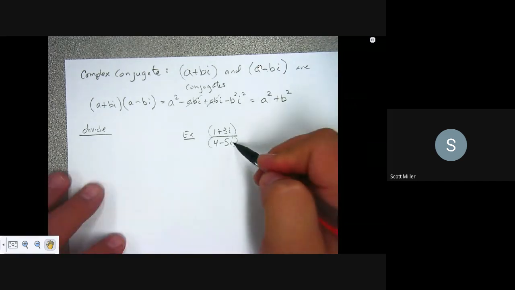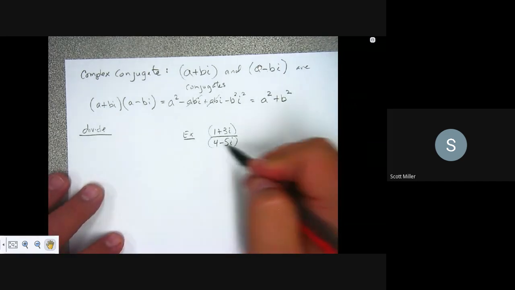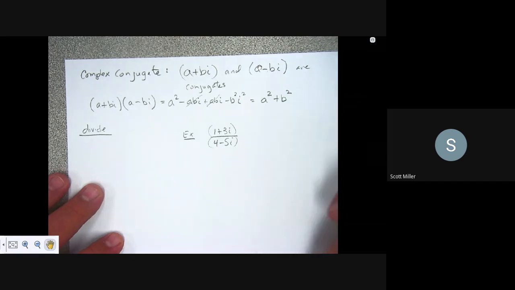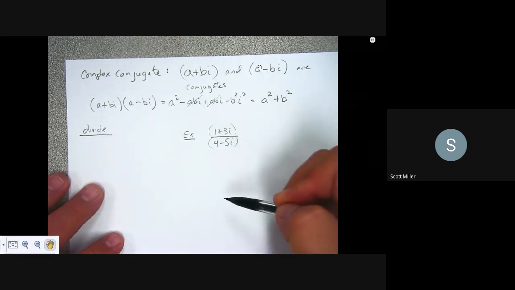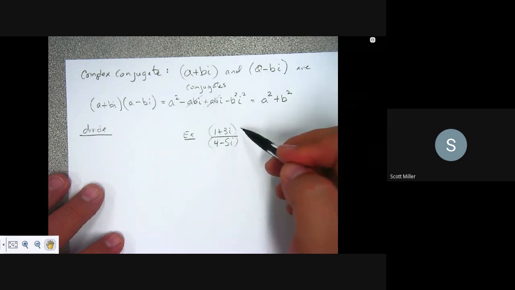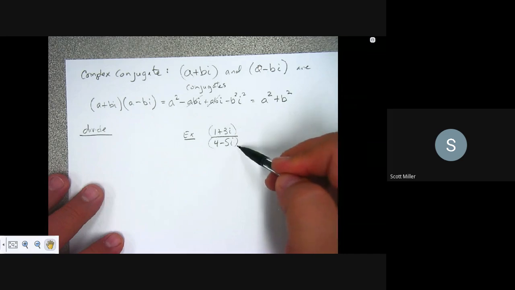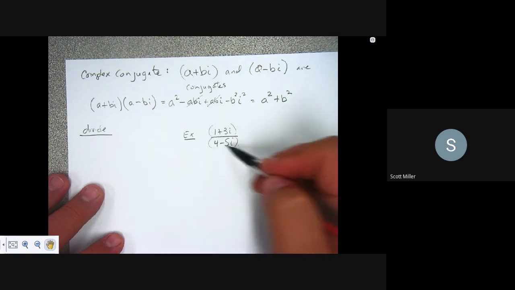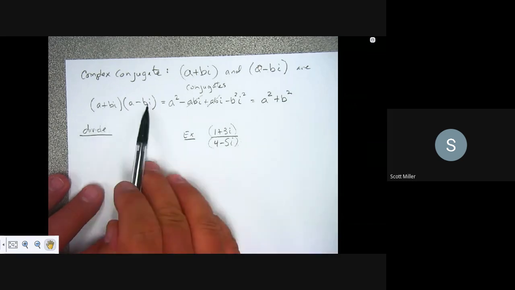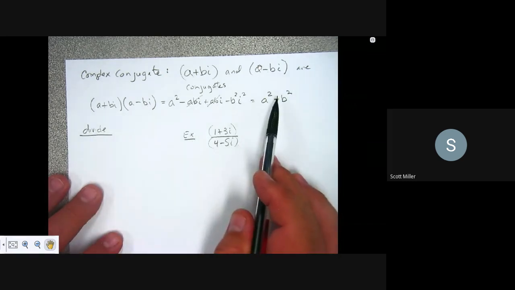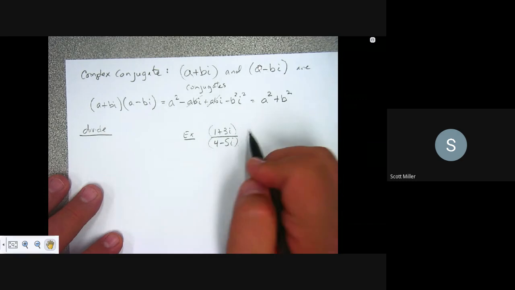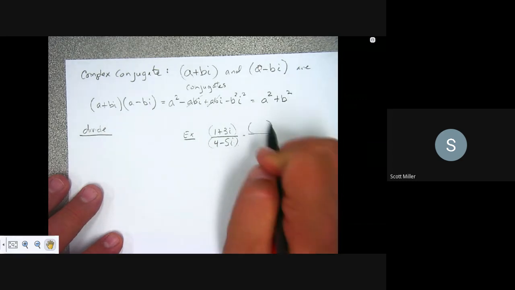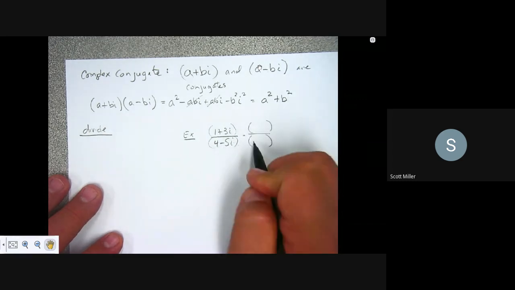Well, in a situation like this where there is more than one term, I need the conjugate to do this. So you literally multiply the top and the bottom by the conjugate of the bottom, because I don't want this i in the bottom anymore. And the only way to get rid of the i is by this approach. See, I showed you. That's how it gets rid of it.